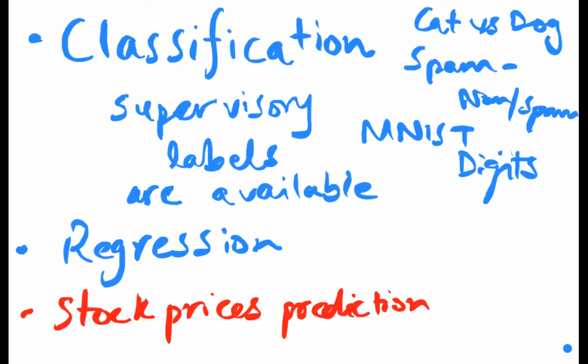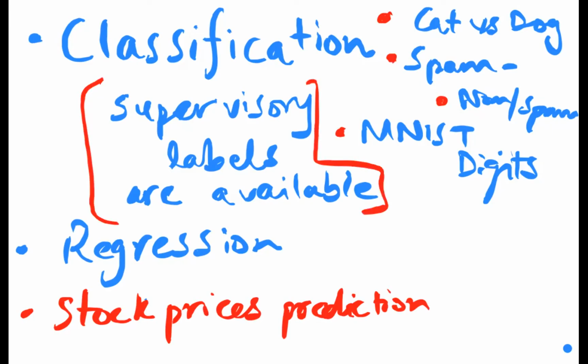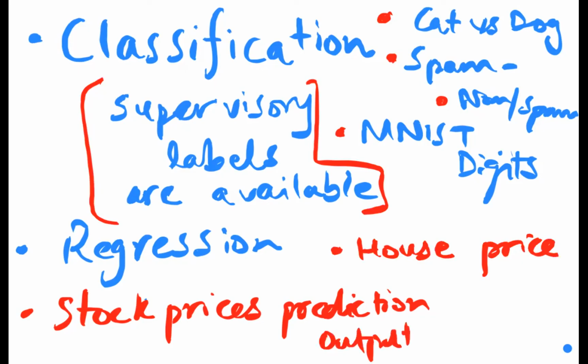Another example is the problem we discussed, the housing price problem, house price prediction, where the output is in a continuous range. Okay.